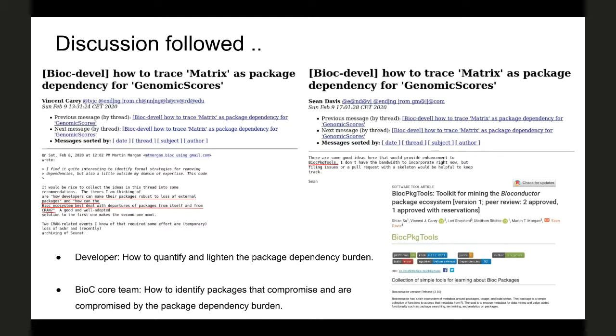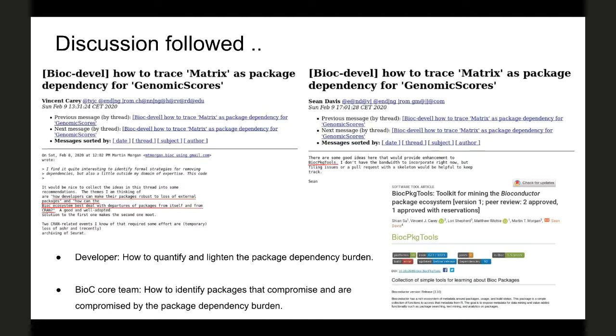Another side is from, I guess, the Bioconductor core team that has to maintain the entire Bioconductor ecosystem, which is, how do I identify packages that compromise, and maybe are also compromised by, the package dependency burden, that can break the building chain, or the chain of building packages, right? And how can we do this in a systematic way?